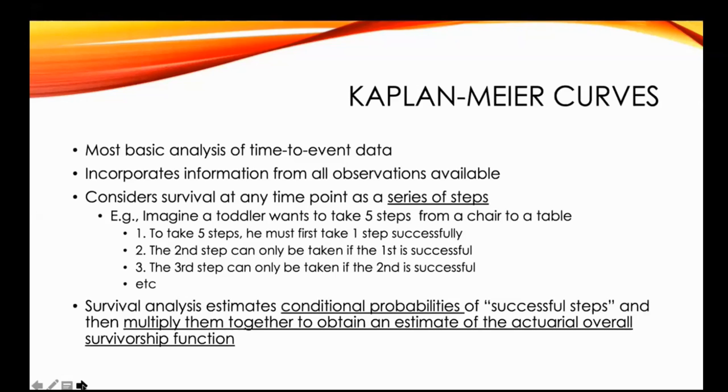The second step can only be taken if the first is successful, and the third can only be taken if the second and therefore the first are successful, and so on. In this way, survival analysis estimates conditional probabilities of successful steps and then multiplies them together to obtain an estimate of the actuarial overall survivorship function.